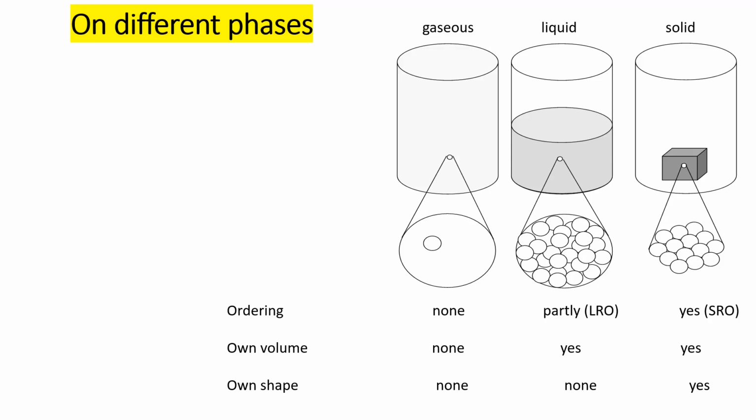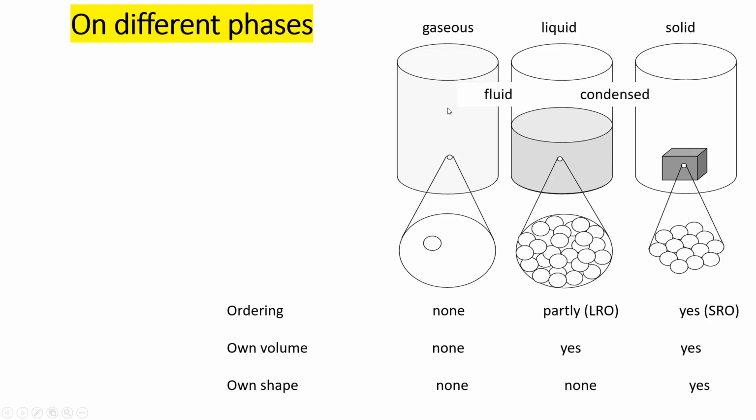Because it has no structure, any gaseous component can be dissolved in the same phase. This is not true, by the way, for liquids. You can have different liquids which are not or very little soluble in each other, and of course we have many solid crystalline phases which are different from each other. Okay, coming back to the gaseous phases, they don't have their own volume and their own shape. It means they just use the volume and the shape of any container provided.